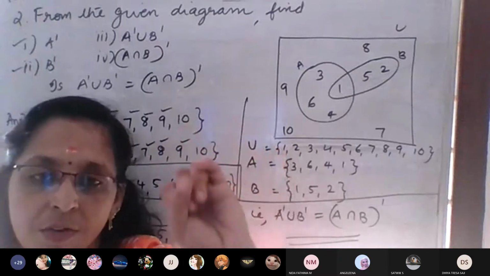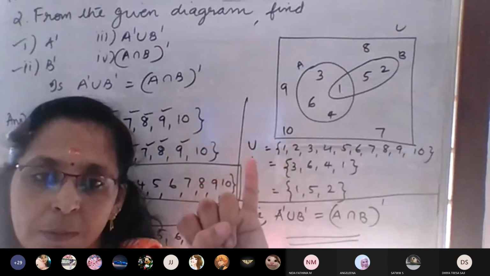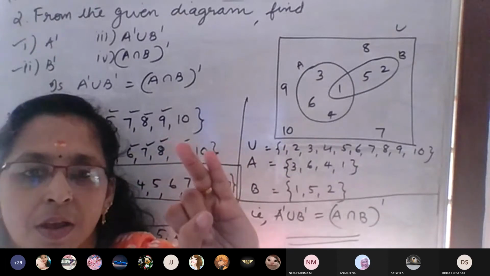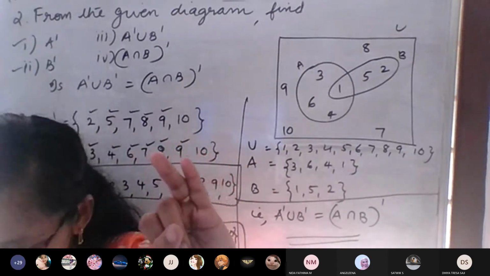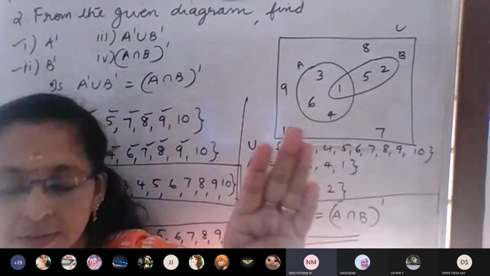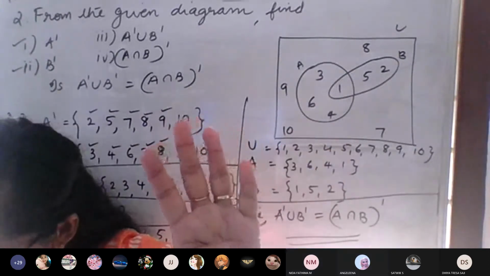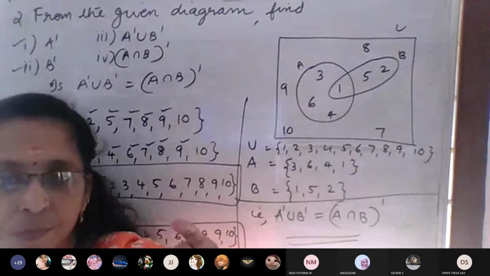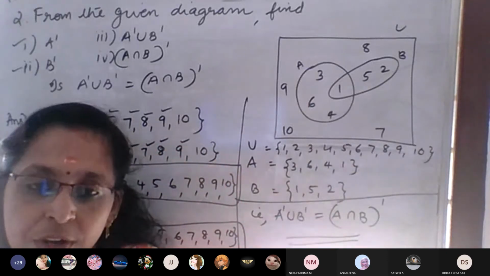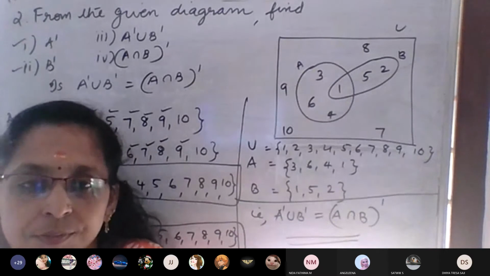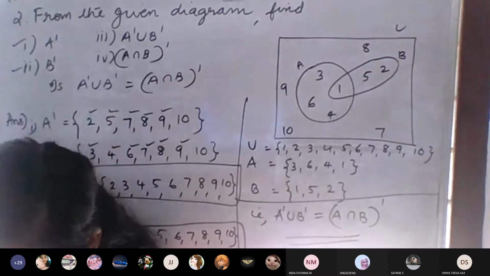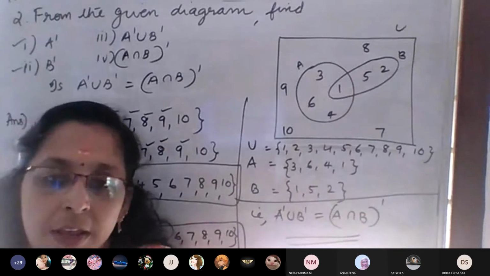In that, first we discussed A union B, then A intersection B, A minus B, B minus A. So 4 things, and the 3 cases are joint, disjoint, and subset. You should study yesterday's work properly. So that much is only for drawing that Venn diagram.